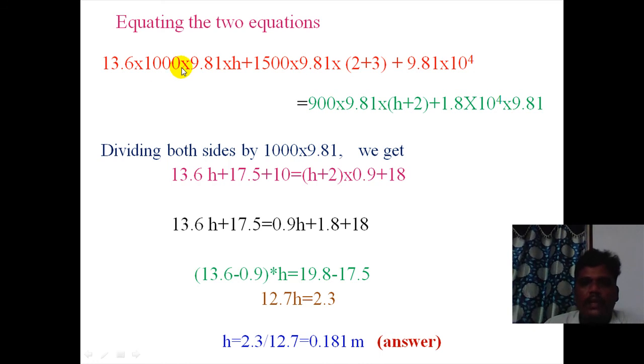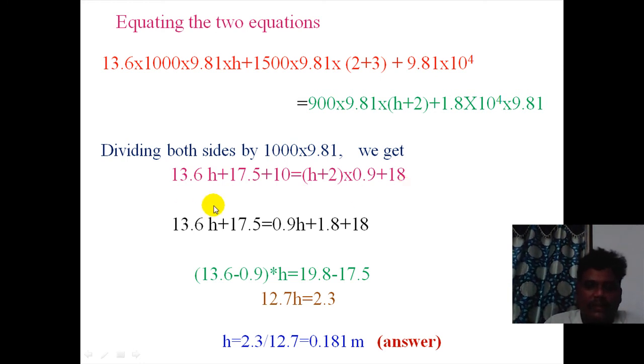It is rho g here and also rho g there, so after cancelling out we get 13.6 into h, plus 17.5 plus 10, here we remain only with 10, plus h plus 2 into 0.9, h plus 2 into 0.9 plus 18, by cancellation we get the value 18 here.